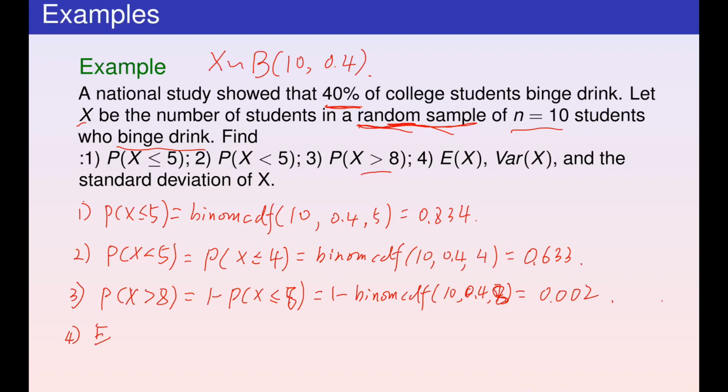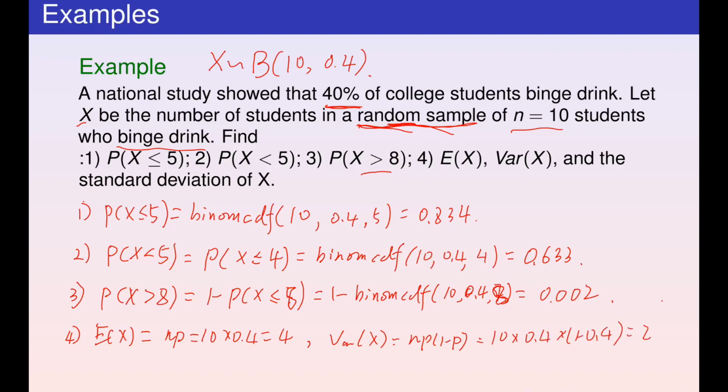So the expectation of X equals n times p, that's 4. The variance of X is np(1 minus p), that's 2.4.